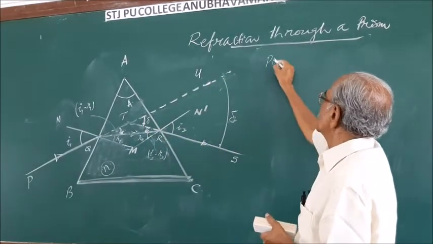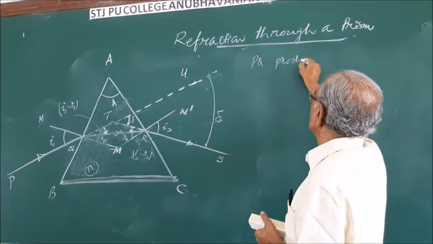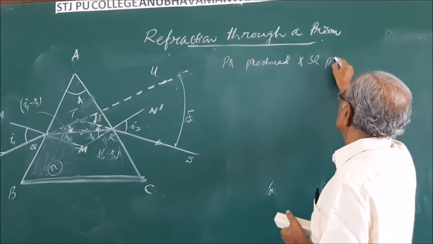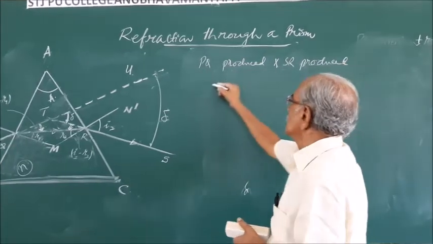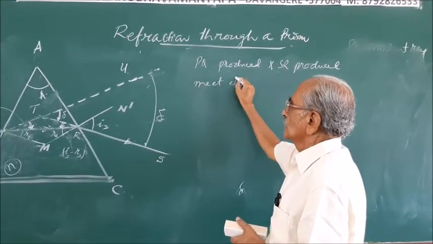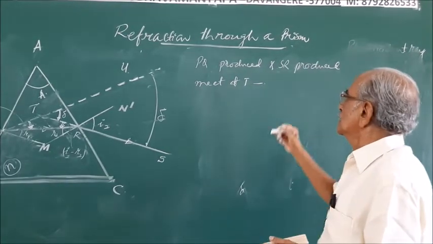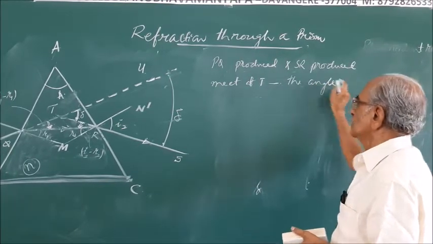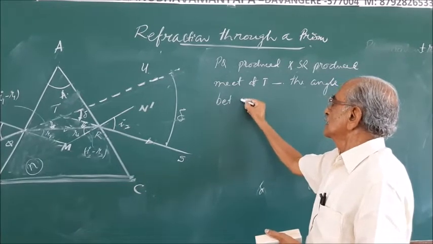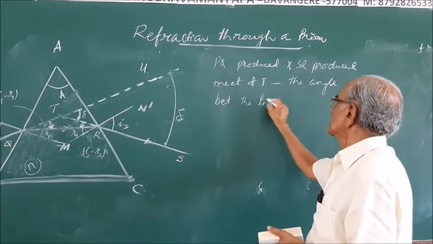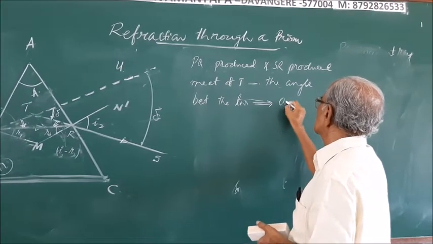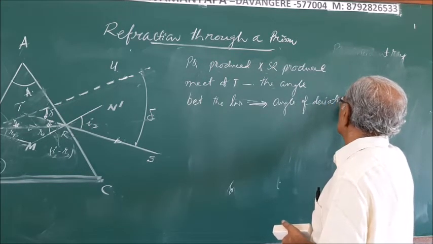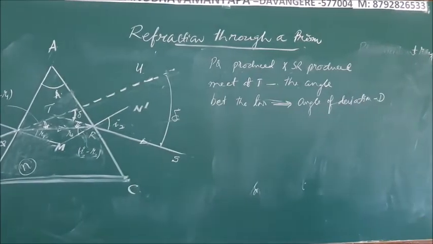See, PQ produced and SR produced meet at T. The angle between the two gives the angle of deviation, D. So that is what we have in the figure.